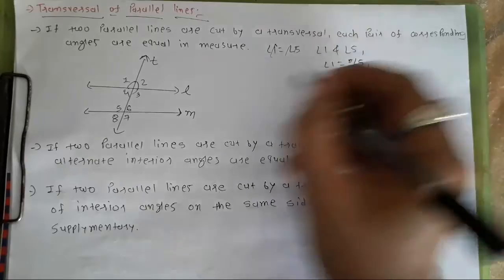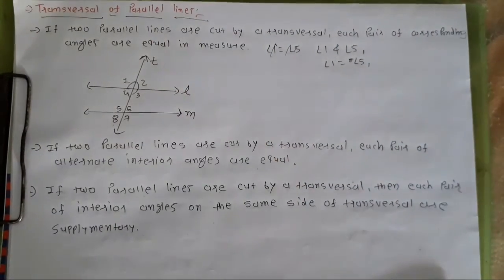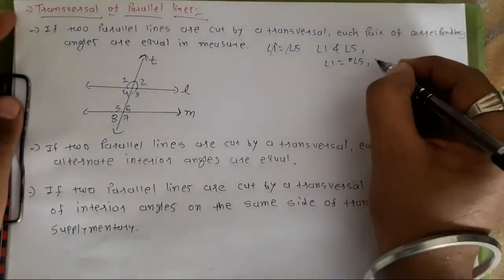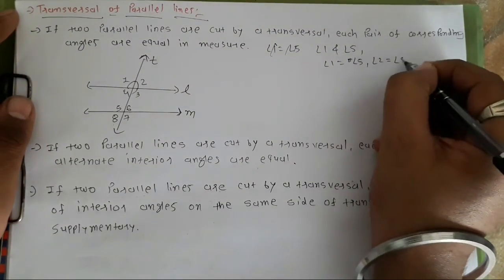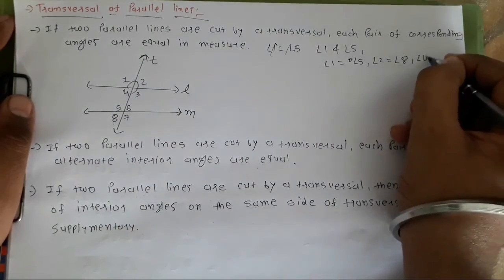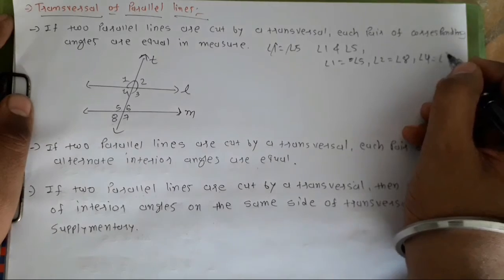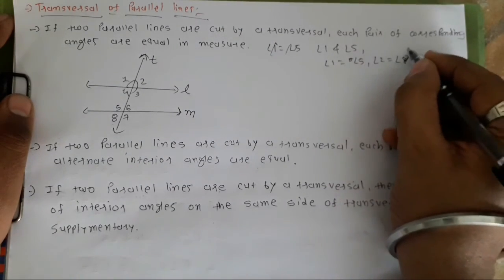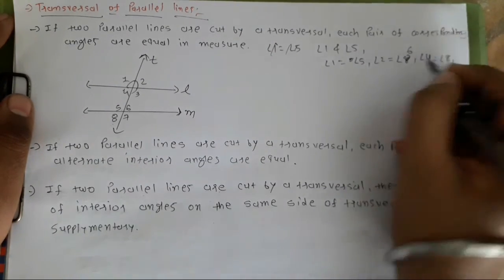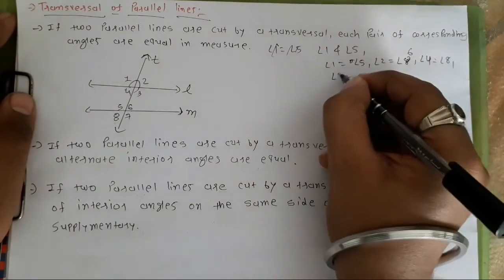This is my first pair. Similarly, angle 2 is equal to angle 6, angle 4 is equal to angle 8, and angle 3 is equal to angle 7, the corresponding angles.